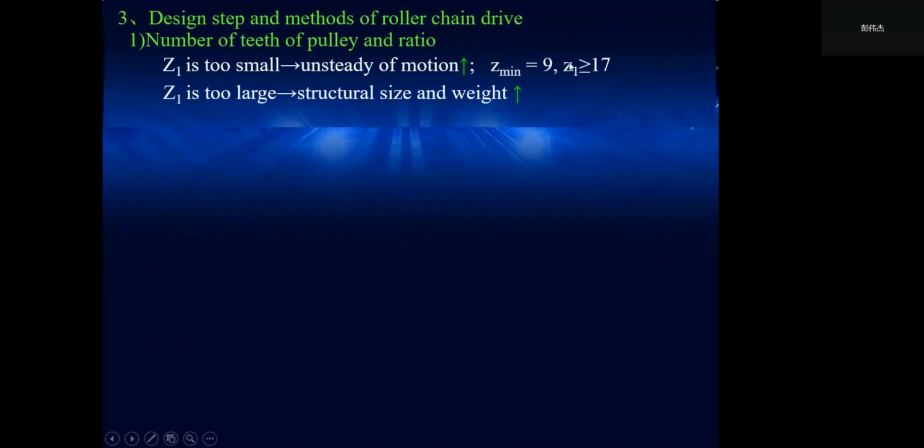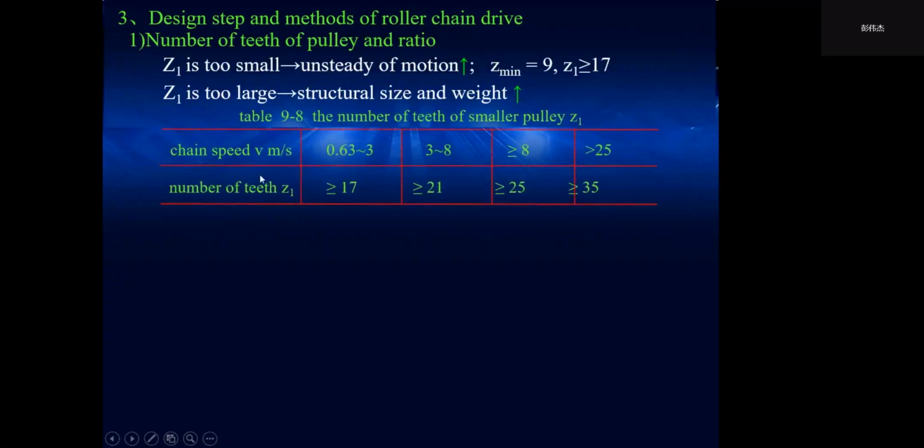Generally for Z1, the number of driving teeth should be larger than 17. If Z is too large, the structure size and weight will increase. And this is the number of teeth of the smaller pulley or driving pulley Z1.